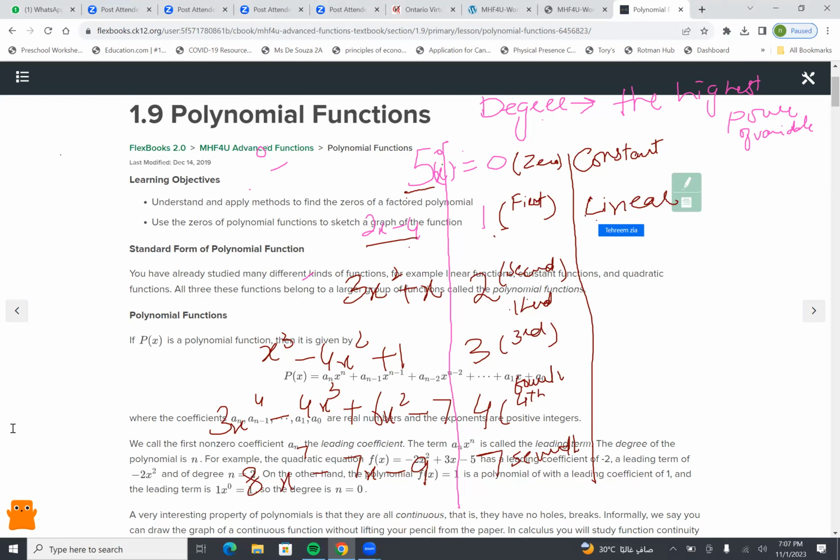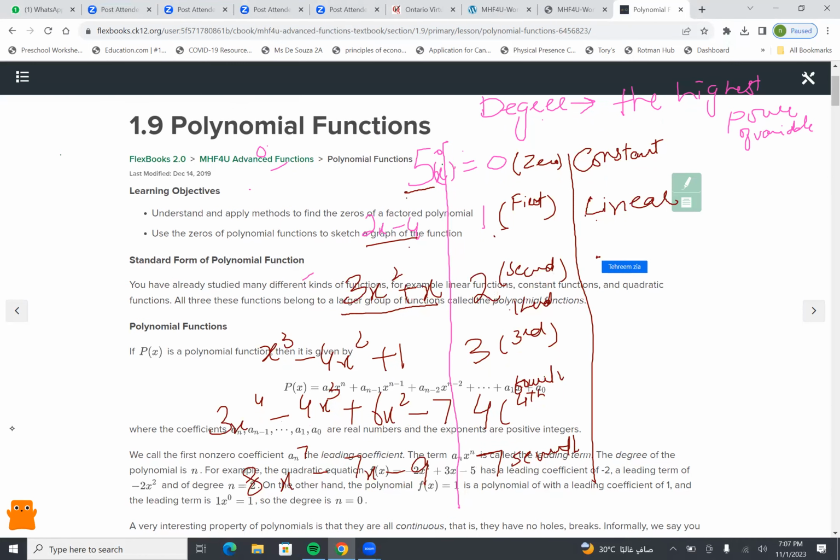And an expression with degree 2 is called quadratic. Quadratic means an expression that has highest degree of 2. Linear means an expression that has highest degree of 1. Constant means an expression that has highest degree 0, highest power 0.